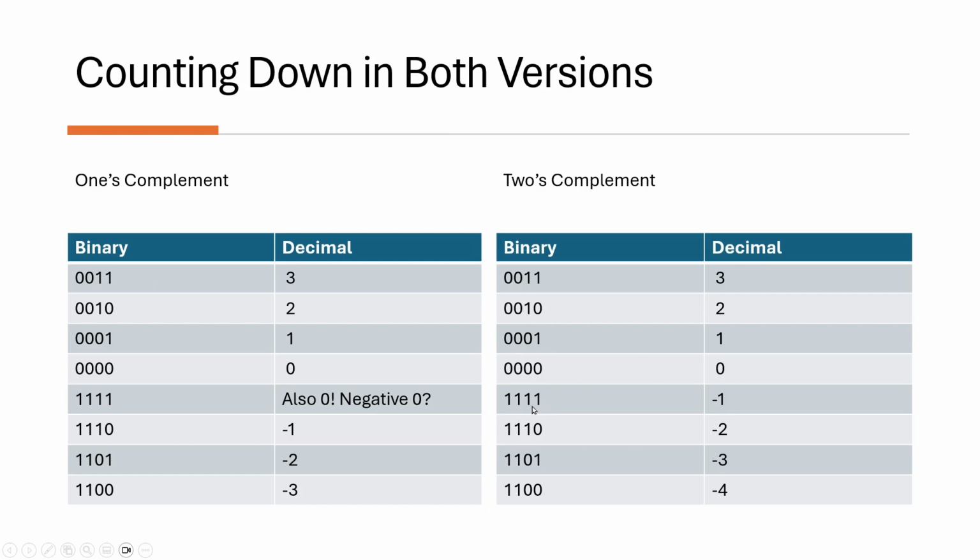But 1111, instead of equaling 0 again, represents the number -1 in the twos complement system. 1110 represents -2, 1101 represents -3, and 1100 represents -4. And so the order of progression going down occurs naturally under the twos complement system.